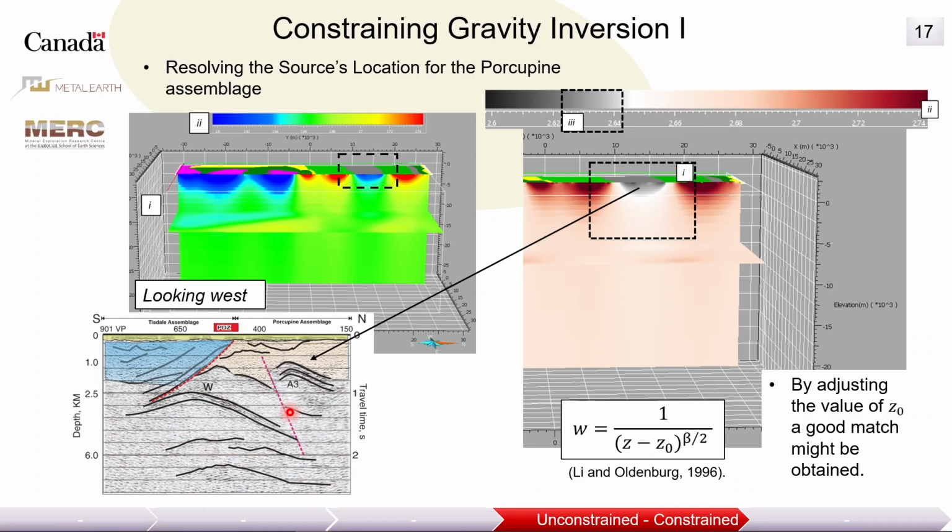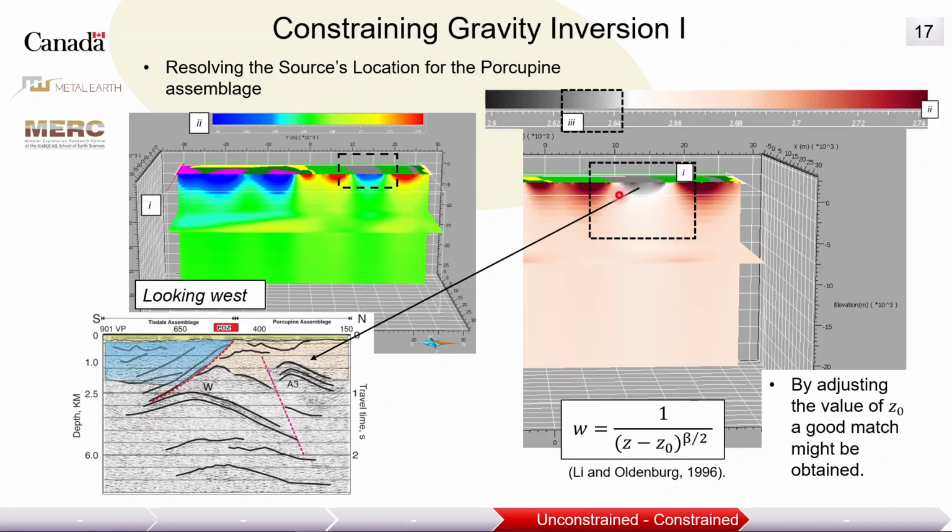Okay, we can do some improvements in the model, and in this case still focus on the Porcupine assemblage and still use these previous studies for support. We can do a depth weighting, and we can make the Porcupine assemblage thinner by adjusting the zero in this equation.